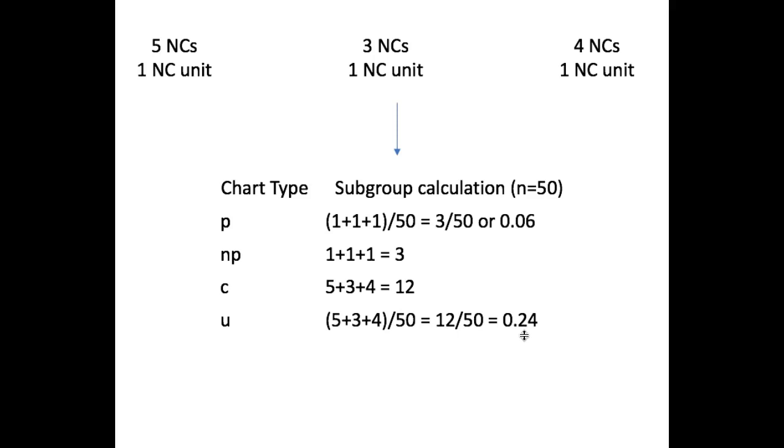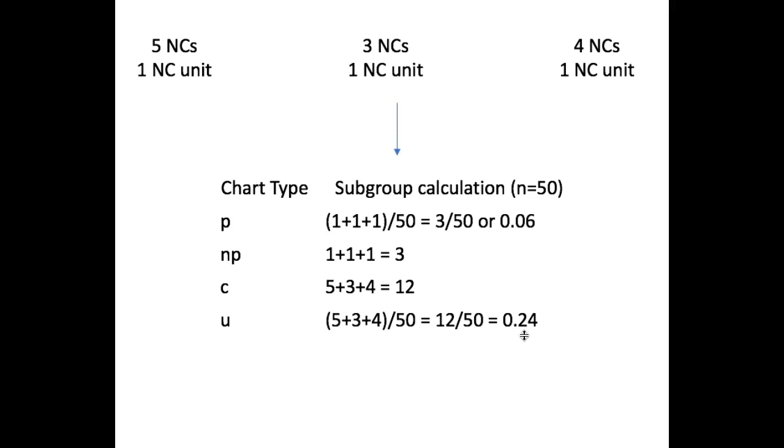So that's the difference between those four different attribute charts. And yes, you're going to get similar trends, but what shows up on your y-axis is going to be different, so you're going to have different scales. And this is really important when you're talking to different people with different levels of understanding of quality management.